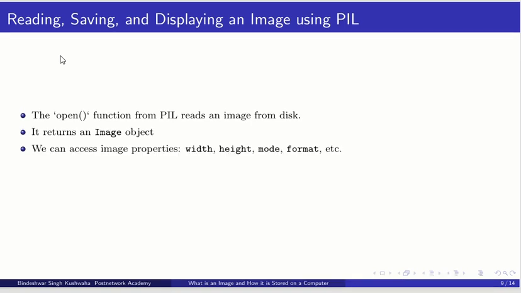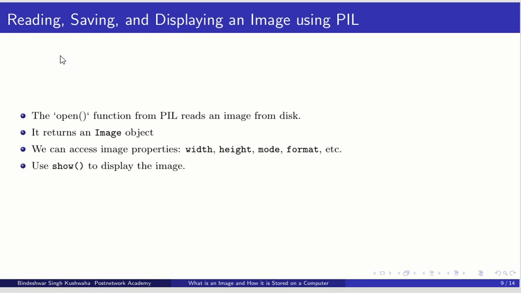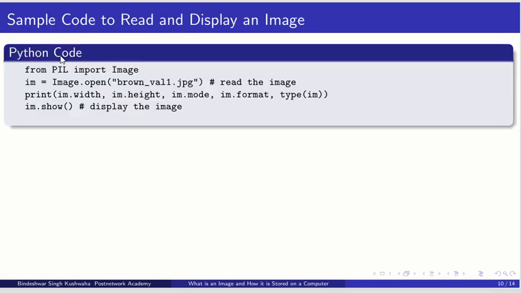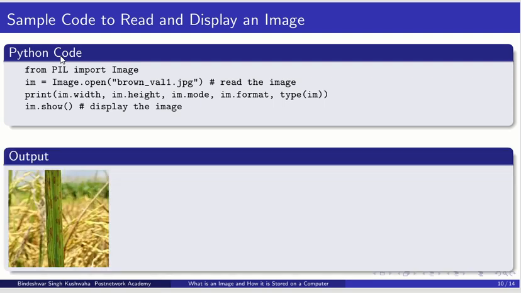I will also show you the code, and we will access the width, height, mode, and format of the image object, and we will use the show method to display the image. And this is the whole program, and we will get this output. Basically this is an image of a disease, you can say, brown spot disease on a paddy leaf.